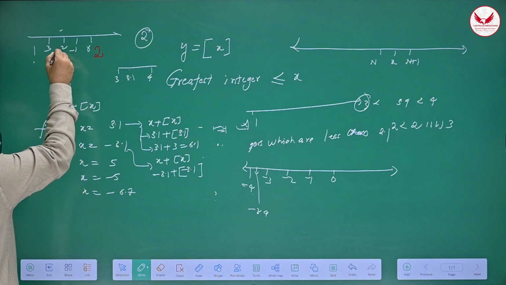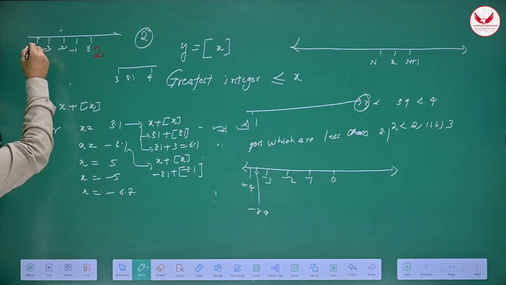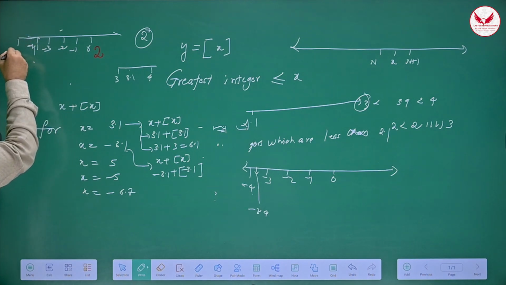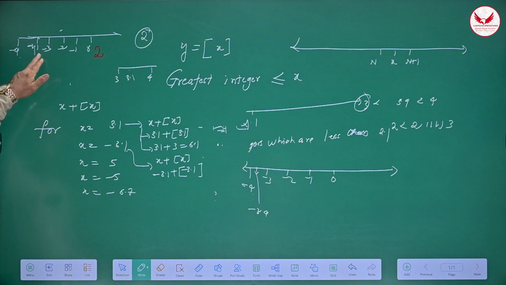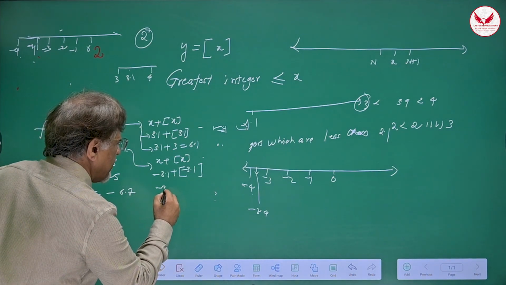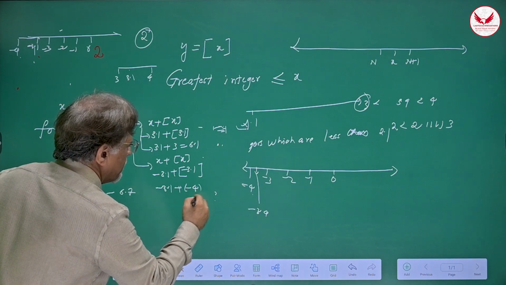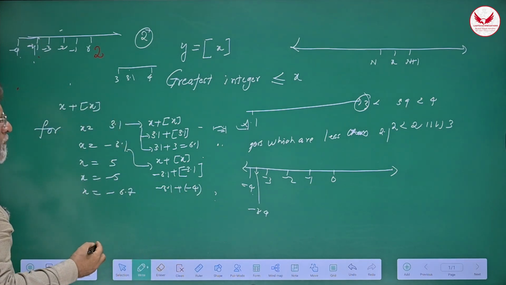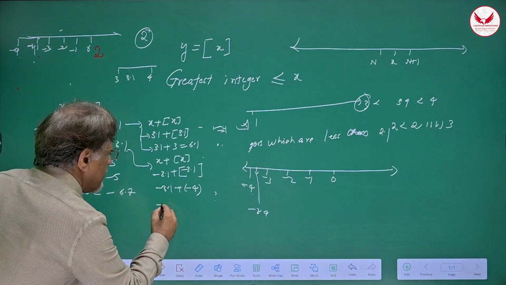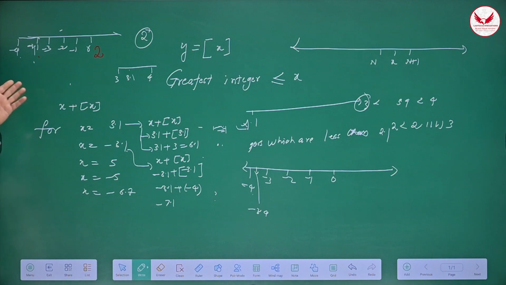So this is minus 1, minus 2, minus 3, and minus 3.1 will be somewhere here. The integer to the left of minus 3.1 is minus 4. So the answer will be minus 3.1 plus minus 4, that gives you minus 7.1. Correct? So that is how you can calculate the answers.